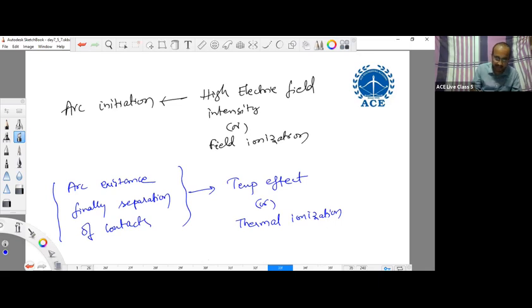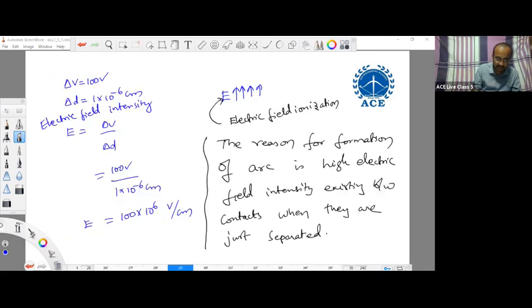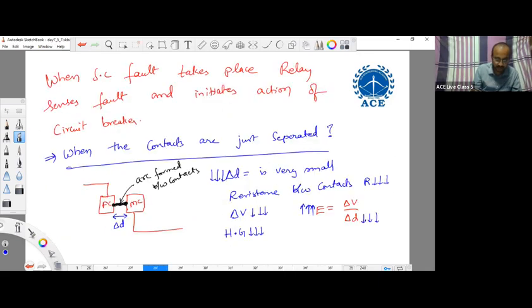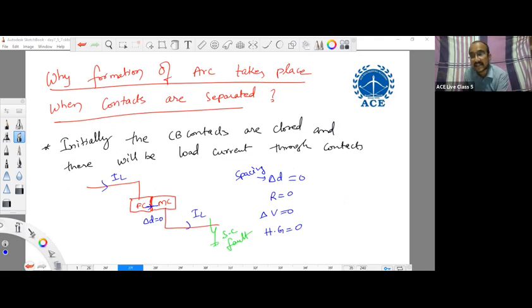So we have analyzed why the arc formation takes place, and why the arc is existing finally when the contacts are being separated.